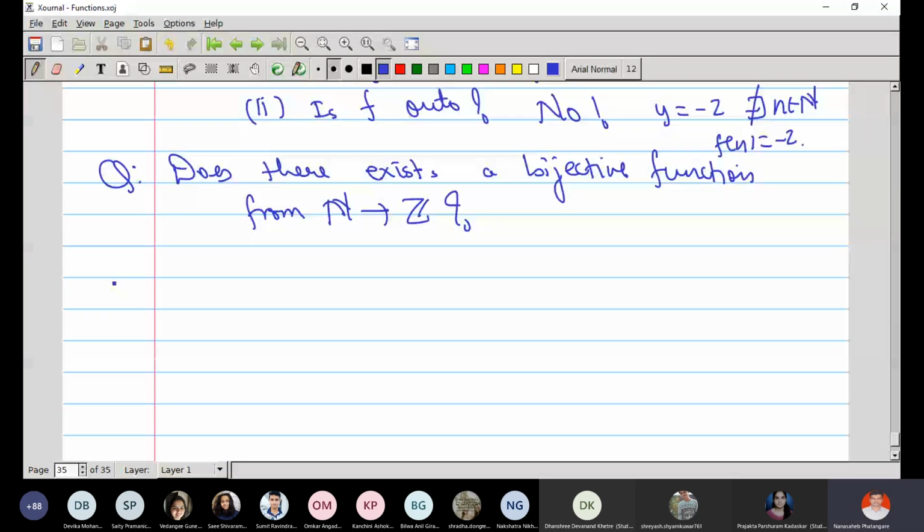Does there exist a bijective function from natural numbers to integers? Okay, I will... No. Okay, let us think one more question.